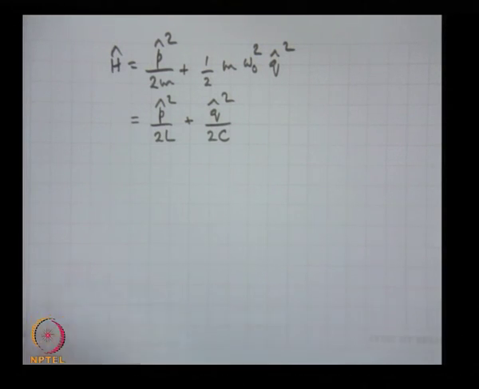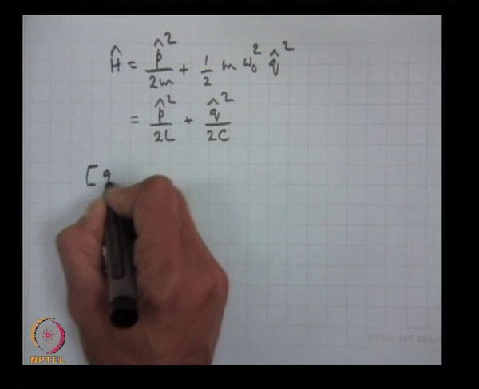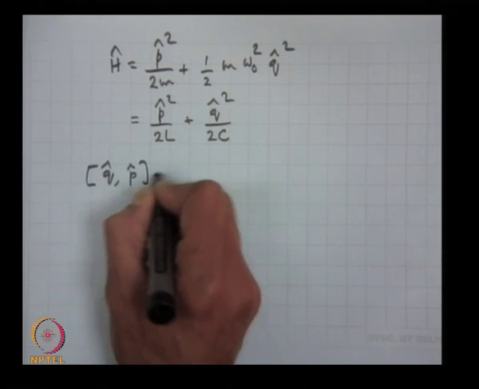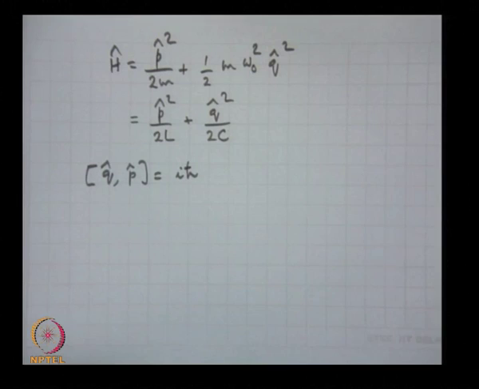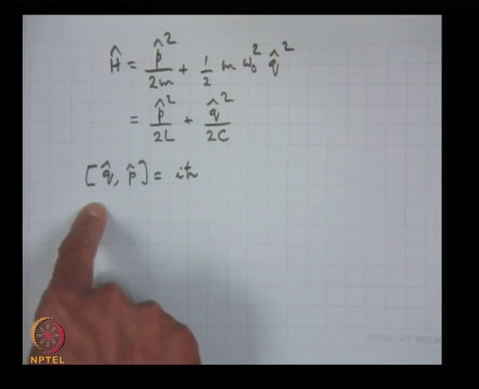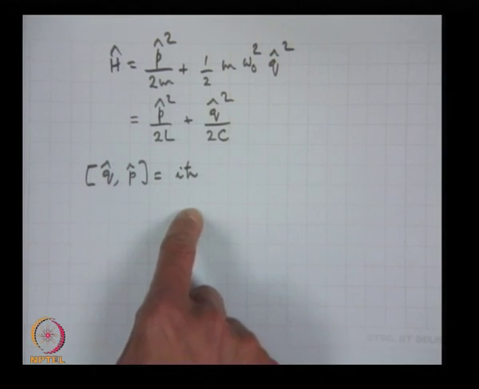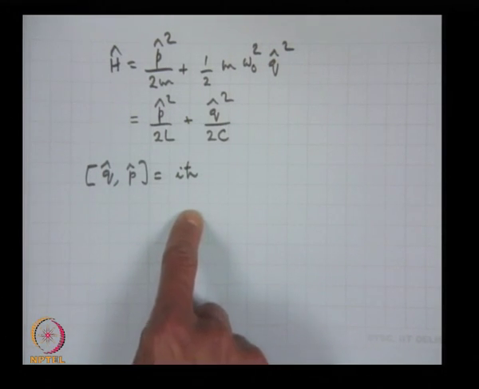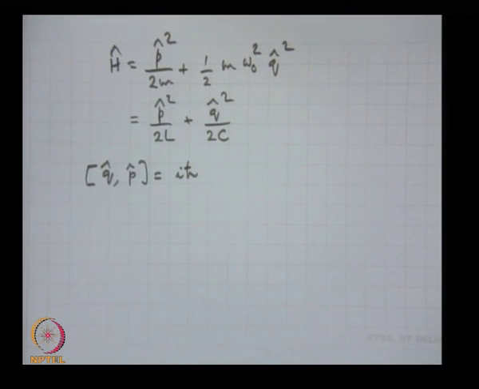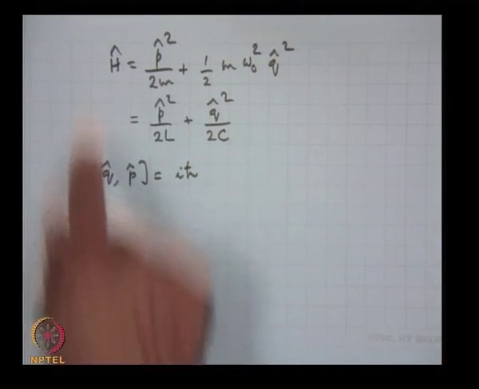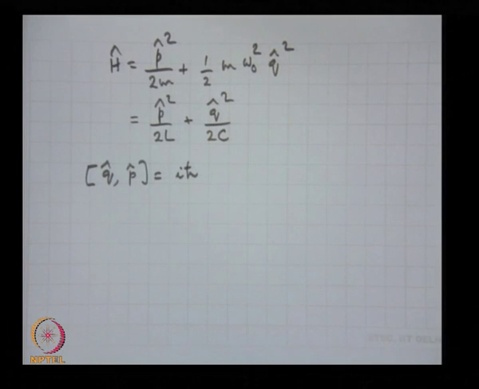To quantize, I say that q and p satisfy this commutation relation. This is the crucial point where I am quantizing the LC oscillator. By saying that q and p satisfy this commutation relation, I have transformed the problem from classical to quantum. And the Hamiltonian of the system is given by p square by 2L plus q square by 2C.